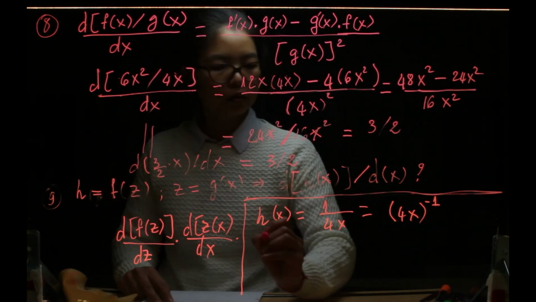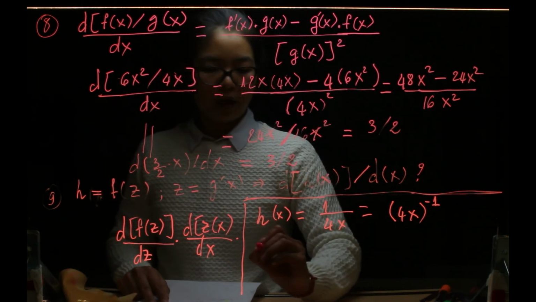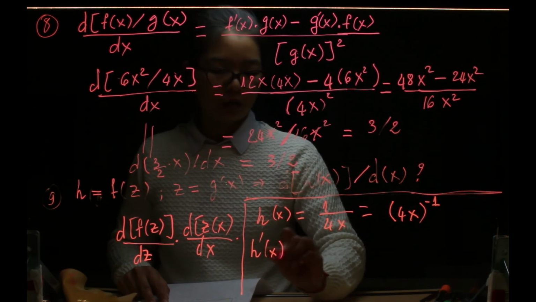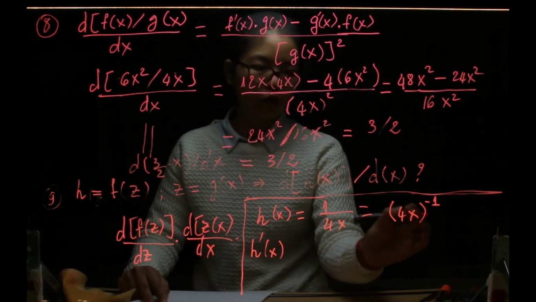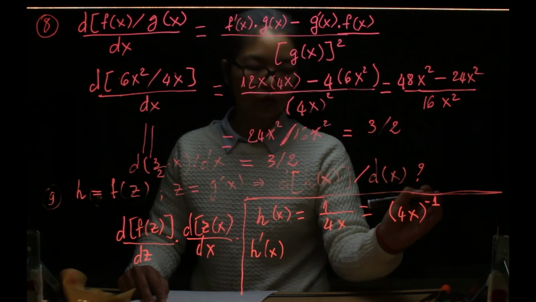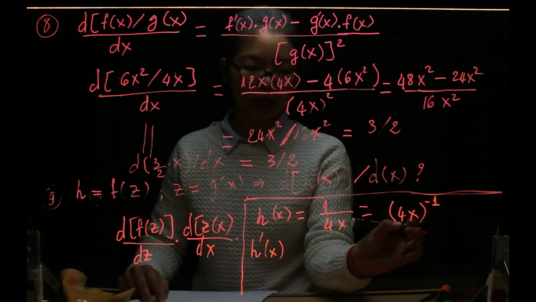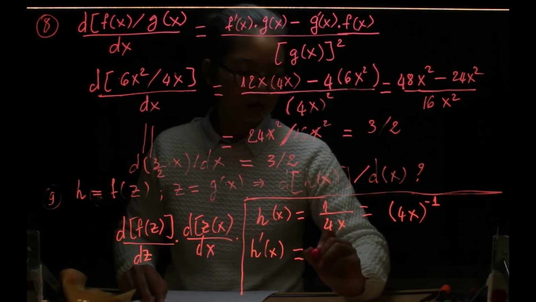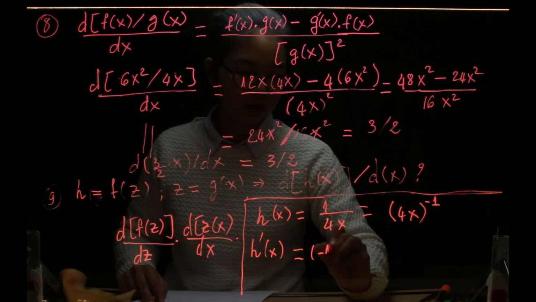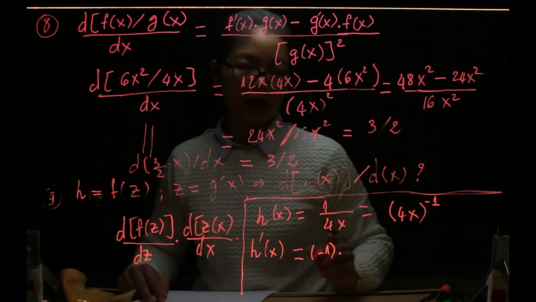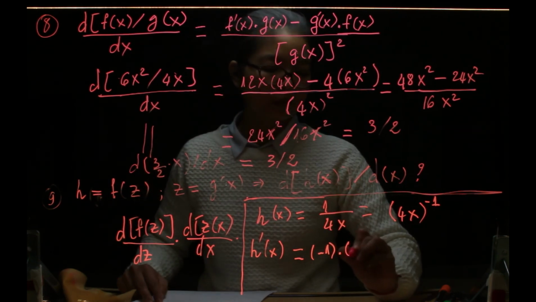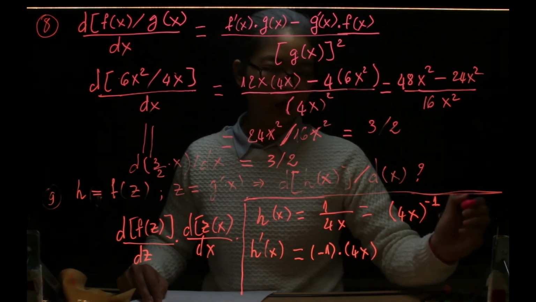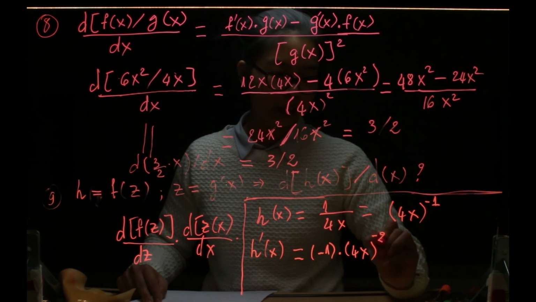So now the derivative of h would be the first thing. Okay, we treat 4x as a single variable. We take the derivative of the outer part. So that would be, the power goes in front, minus 1 times (4x) to the power of minus 1 minus 1, minus 2, right?